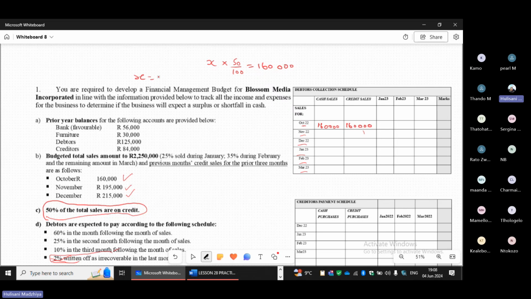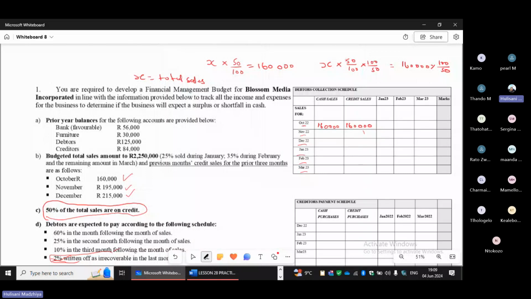So we are trying to get X, which is the total sales. To solve for X, we need to move this to the other side. So X will therefore be equal to 160 multiplied by 100 divided by 50.